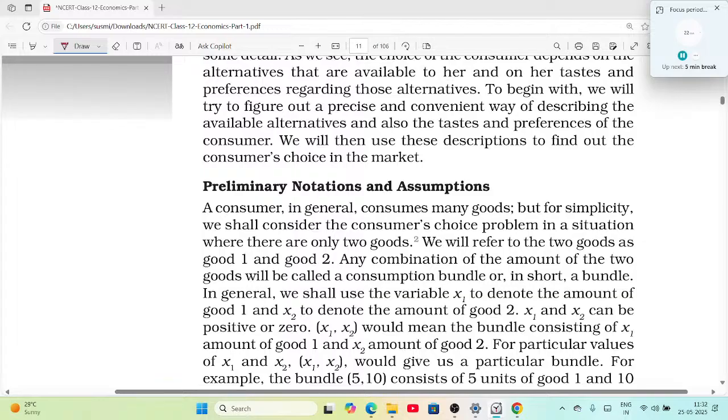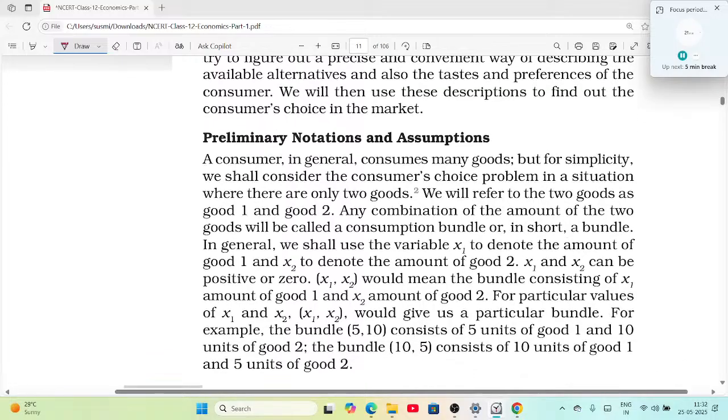We will then use this description to find out the consumer's choice in the market.